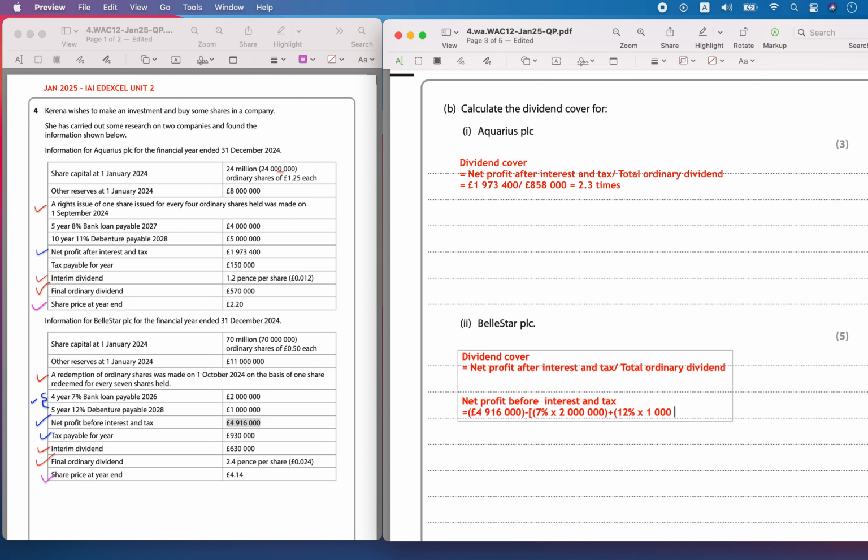Debenture is also a type of loan. So these are the two interests the company needs to pay.